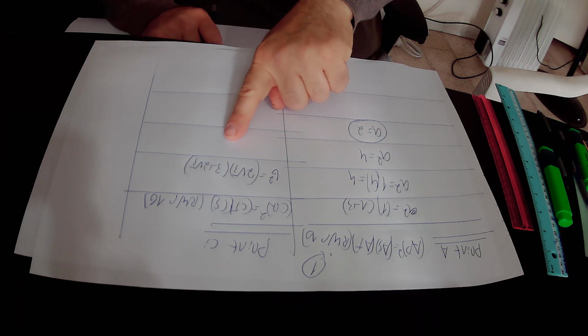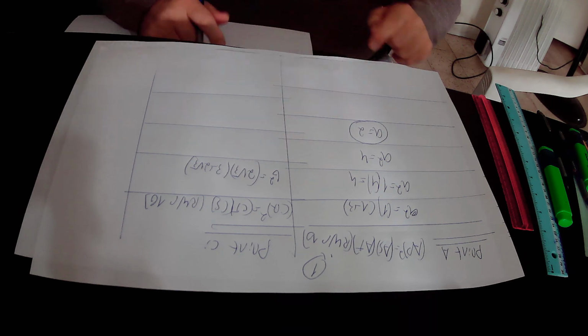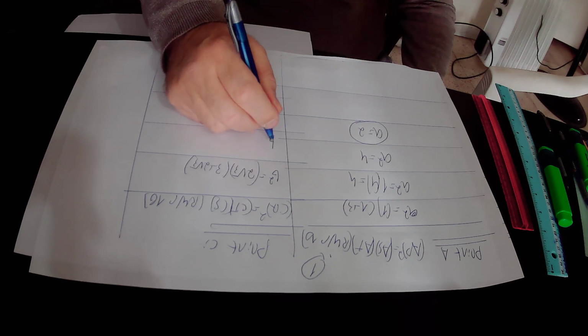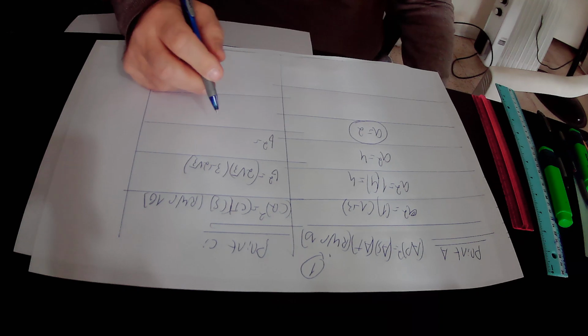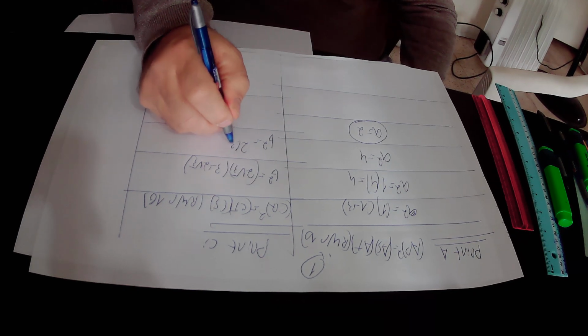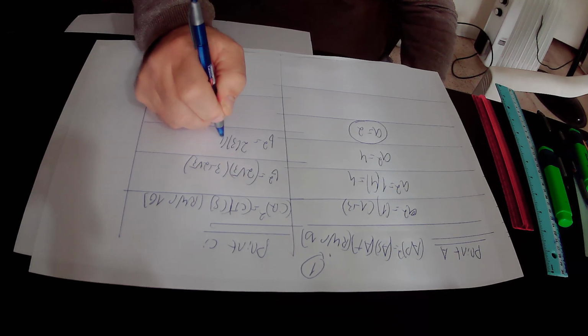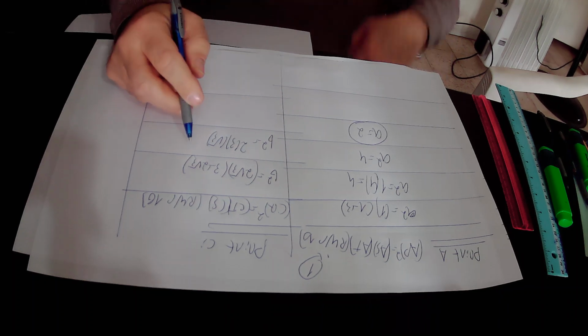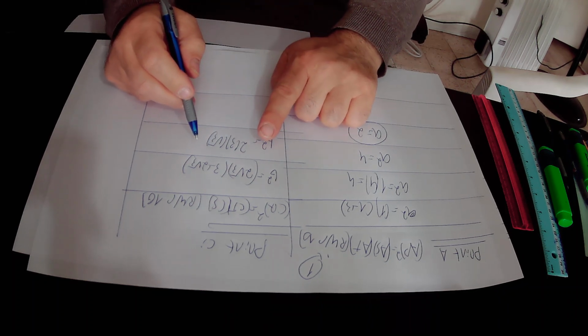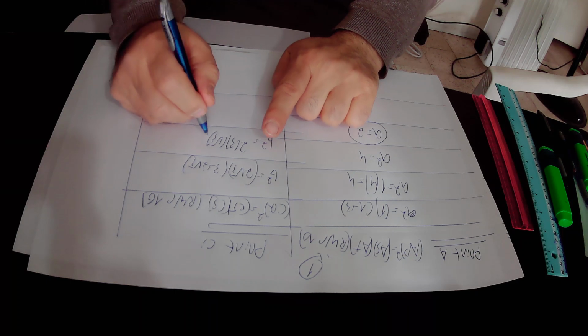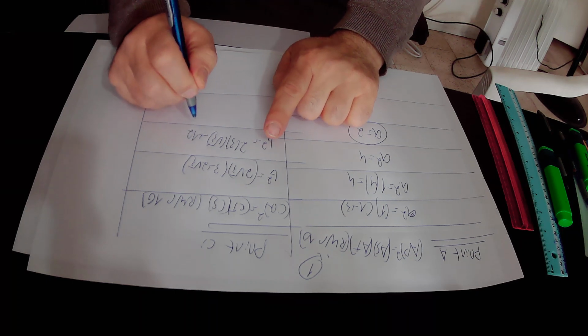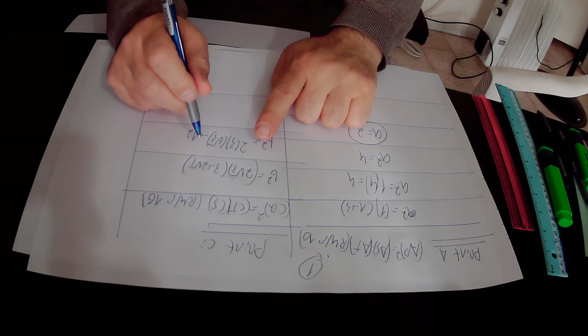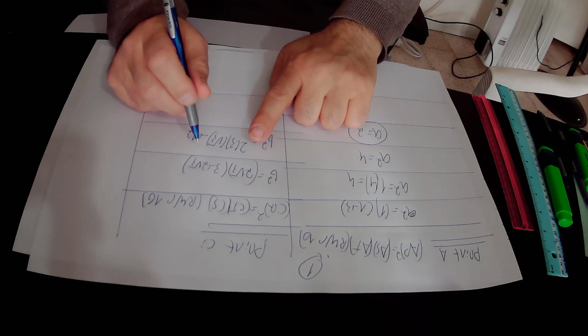We will open the brackets on this side of the equation, and we get that B squared equals 2 times 3 times square root of 3, and here we have 2 times square root of 3 times 2 times square root of 3 equals 12. Why? Because 2 times 2 is 4, square root of 3 times square root of 3 is 3, and 3 times 4 is 12.